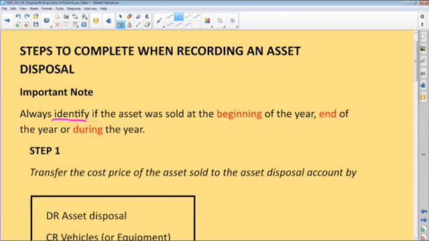Always identify whether the asset was sold at the beginning of the year, at the end of the year, or during the year, because the steps will change depending on when the asset is sold. When we go to step 2, I will explain this further. For now, bear that in mind. Always remember, when is the asset being sold?